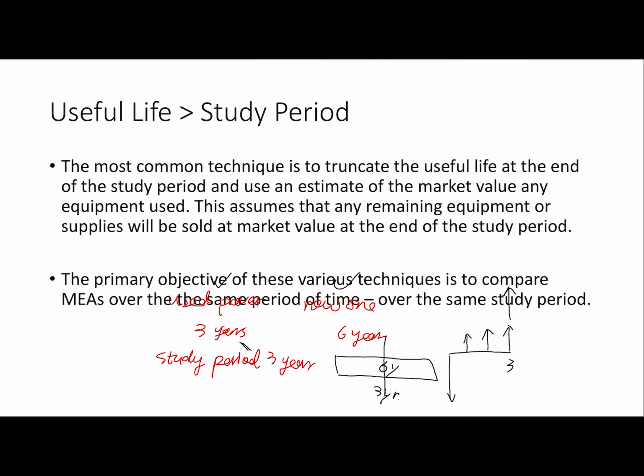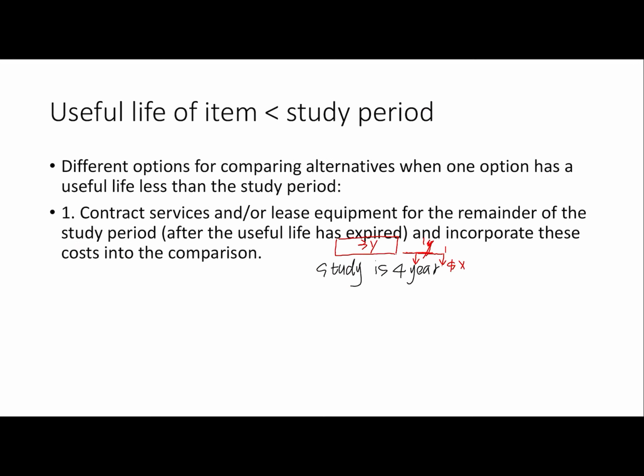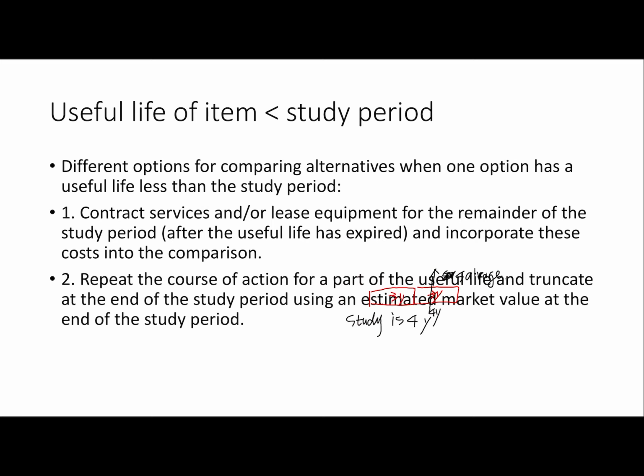And we also learned some methods to treat the case when the useful life is bigger than the study period. So we talked about the contract service and lease equipment method, where you can just stop using the old equipment at the end of its useful life and then start to lease the other equipment for the remaining years. The second method is to repeat the course of action several times and then truncate at the study period.